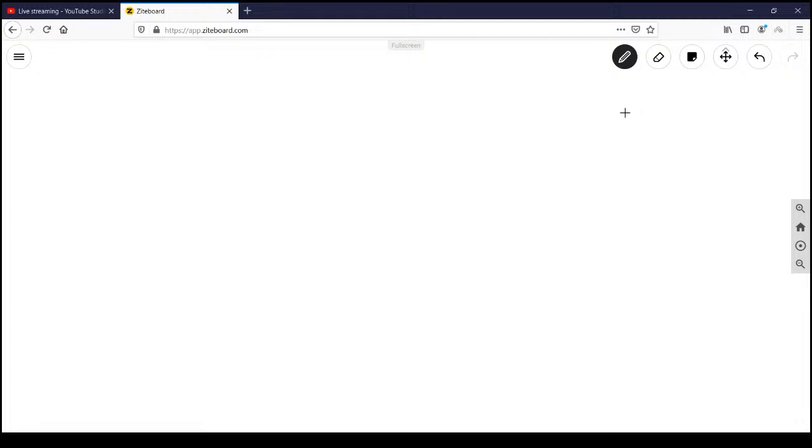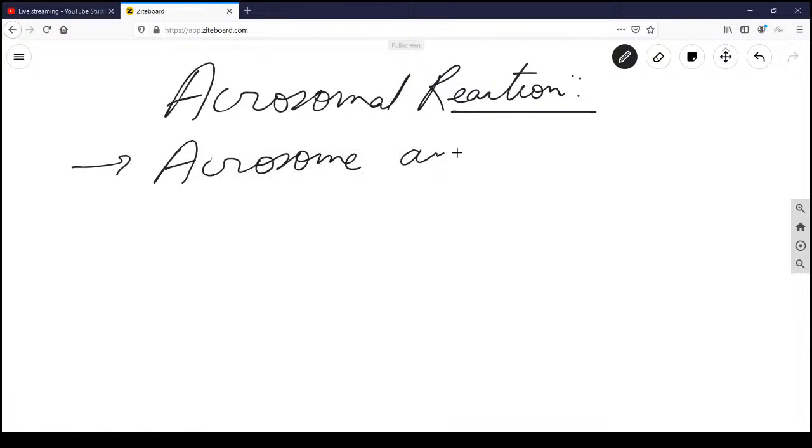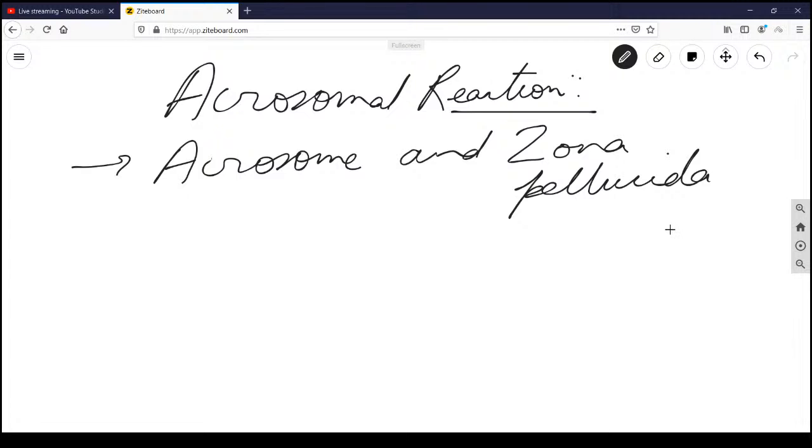Now what will happen when the real acrosomal reaction happens, which is the binding of the acrosome and zona pellucida layer, which is the acellular layer made up of many glycoproteins, covering the entire oocyte or ovulated ovum here.